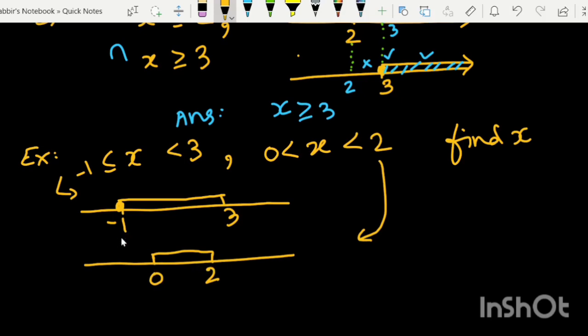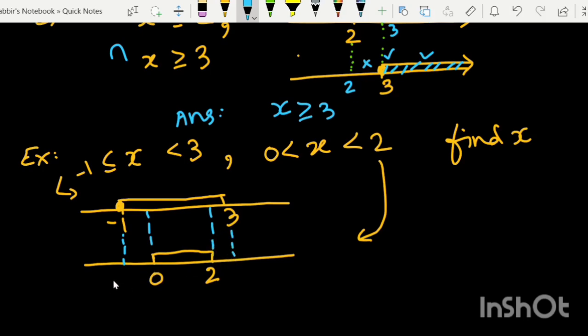Now we will draw perpendicular from the points. Like here minus 1 I will draw perpendicular to the other number line. Here from 0 I will draw perpendicular. From 2 I will draw perpendicular. Okay. From 3 I will draw perpendicular.